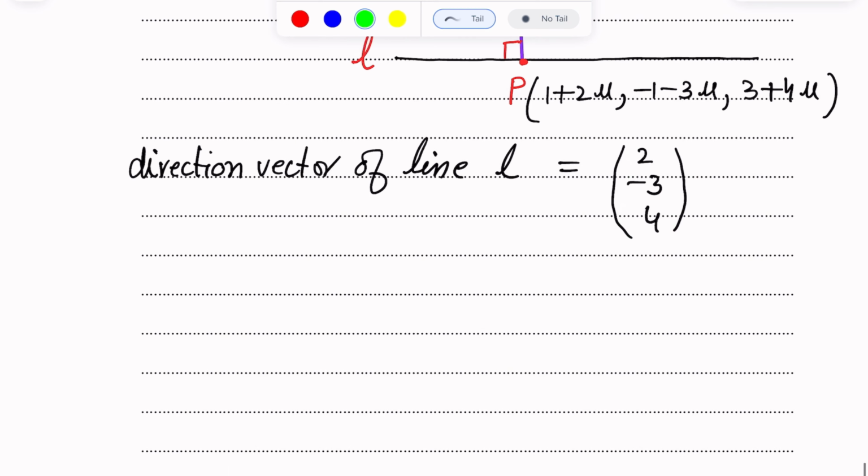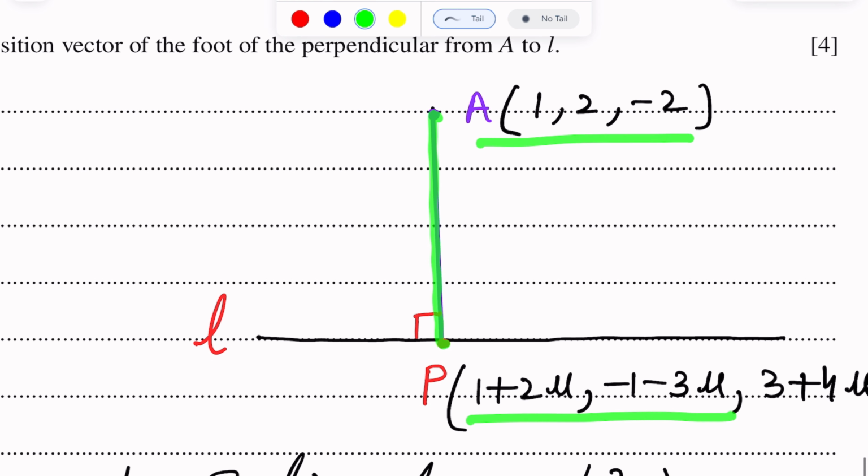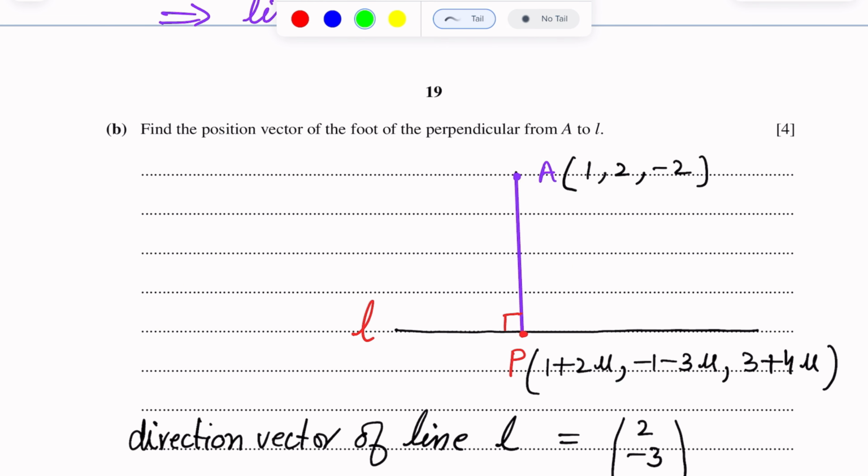Direction vector of AP. Now we will find the direction vector of this line AP. To find the direction vector of any line, we subtract the coordinates of the two points on the line.